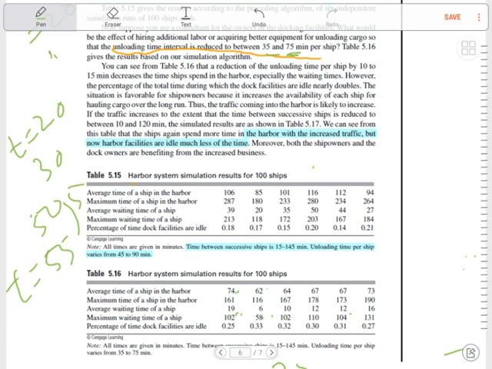Again, suppose it is further decreased, it is taking only 10 minutes to unload the first ship, so 30 minutes, but ship 2 is arriving at 55 minutes. What is the idle time for the harbor? 25 minutes. So obviously if any ship is coming and unloading very fast, it might happen that the next ship has not yet arrived. If the next ship has not yet arrived, that means the docking facility is sitting idle. So obviously the idle time will increase in this way.